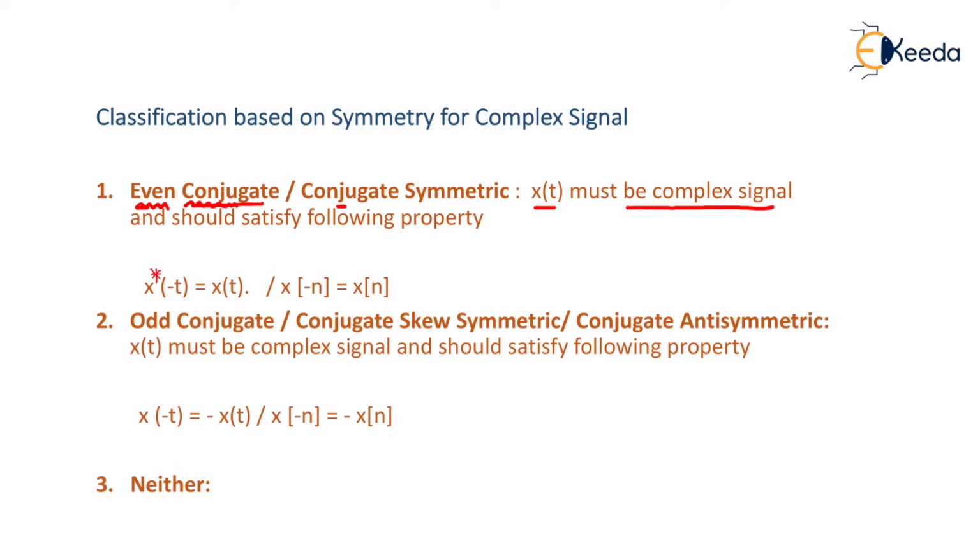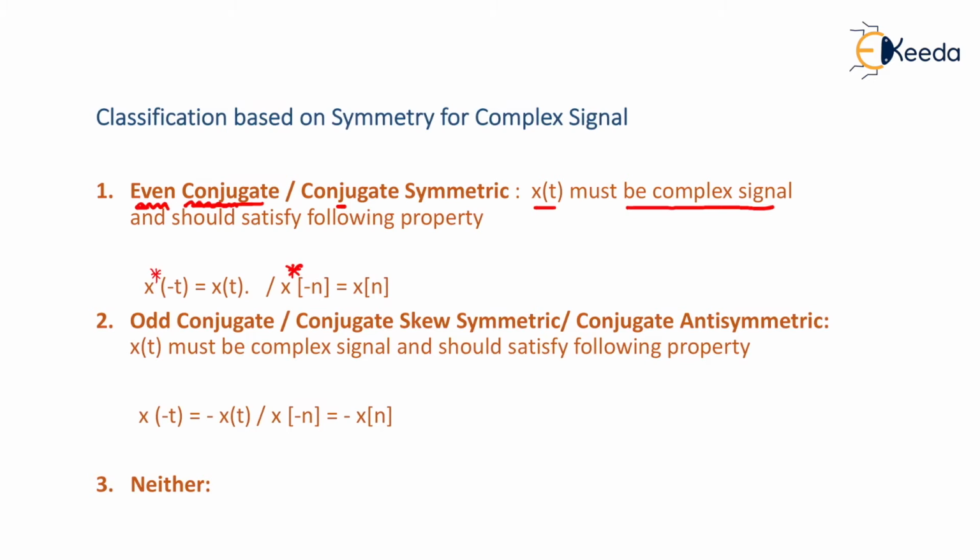So you don't have to check whether x of minus t equals x of t. You have to check whether x conjugate of minus t becomes equal to x of t. It is applicable for discrete time signals also. If x conjugate of minus n comes out to be x of n, then we say the given x of n or x of t signal is even conjugate or conjugate symmetric.